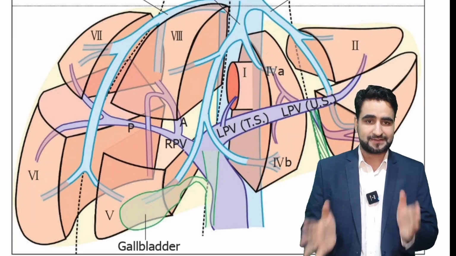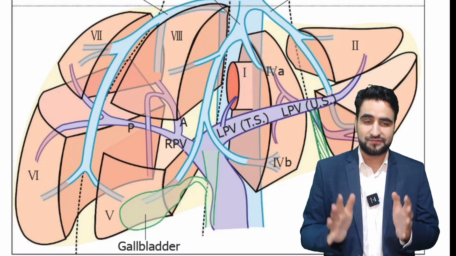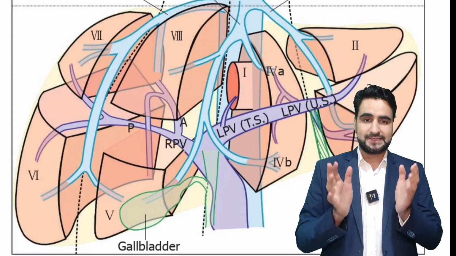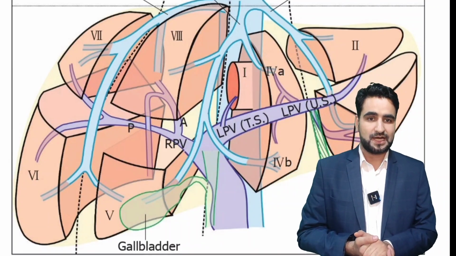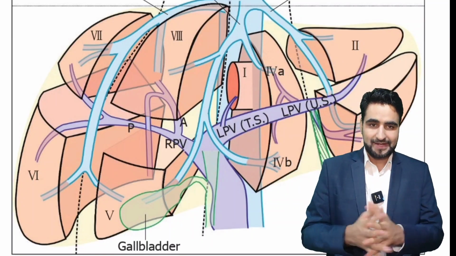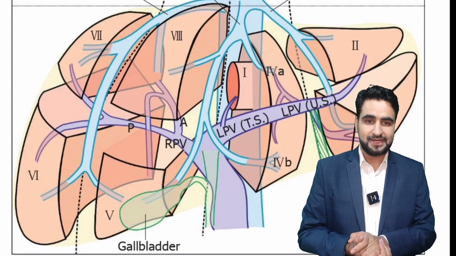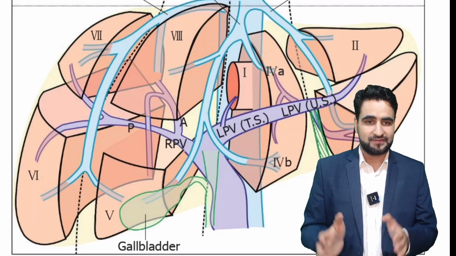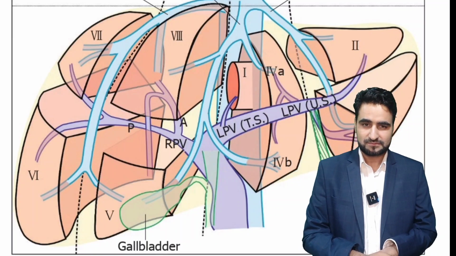Let's summarize the key takeaways about superior and inferior segment division. The portal vein acts as a horizontal boundary dividing superior segments from inferior segments. This division is clearly seen when drawing a line above the upper border of the umbilical portion of the portal vein. The hepatic veins add another layer of segmentation, with the right hepatic vein and middle hepatic vein further dividing the right lobe into functional sectors.